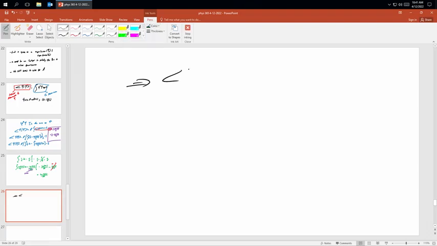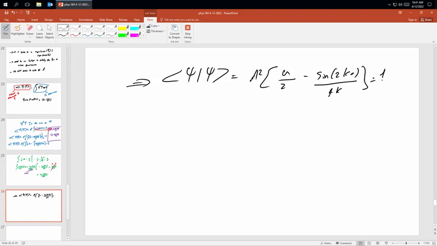This means that psi is going to equal A squared times a over 2 minus sine 2ka over 4k, which equals 1. Which means that A squared times a over 2 minus sine 2n pi over 4k equals 1.